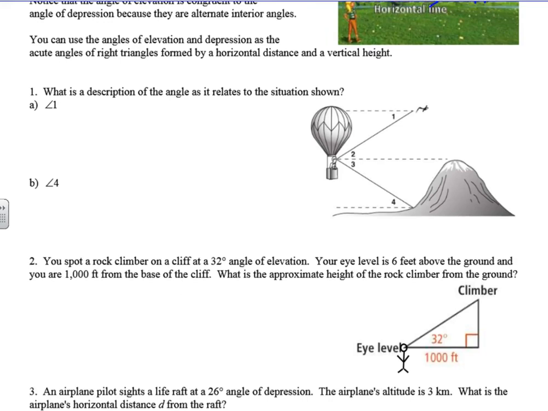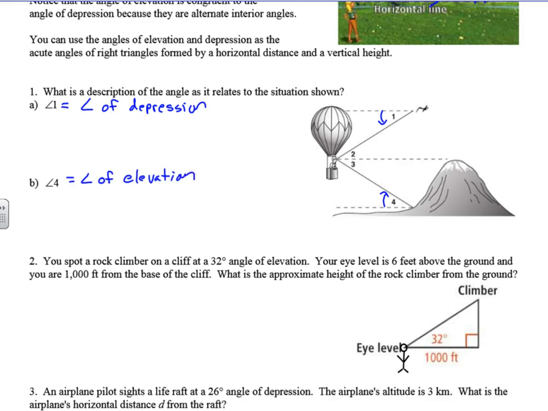As we look over here, angle 1, that hang glider looking down, is the angle of depression. And angle 4, the person on the ground looking up, we would consider the angle of elevation.